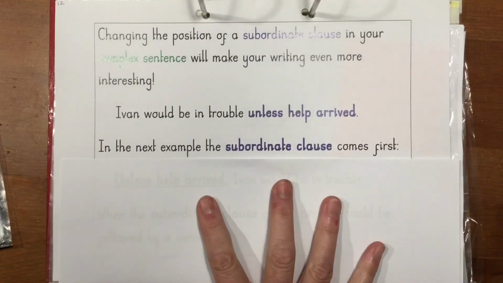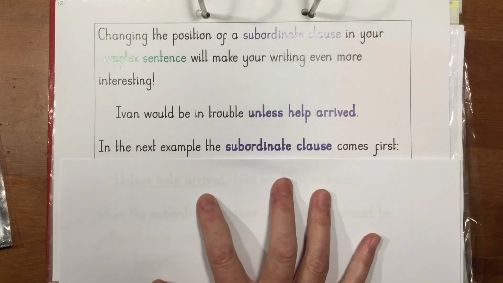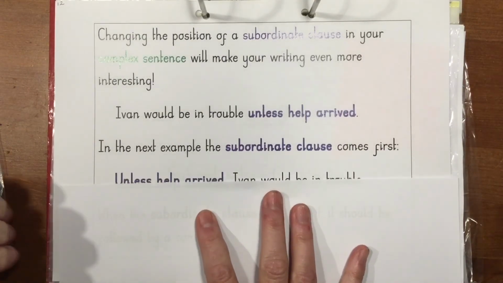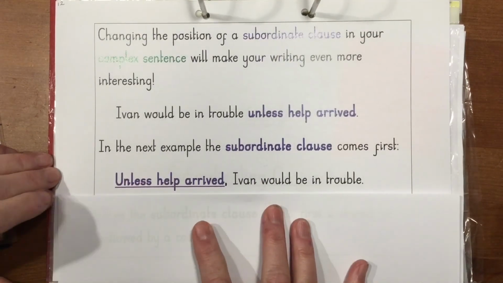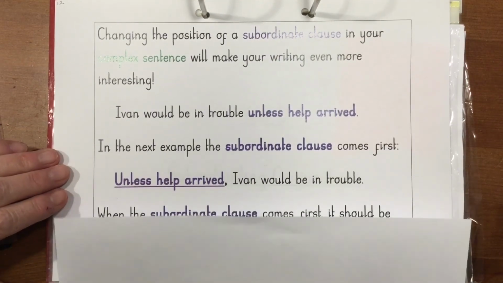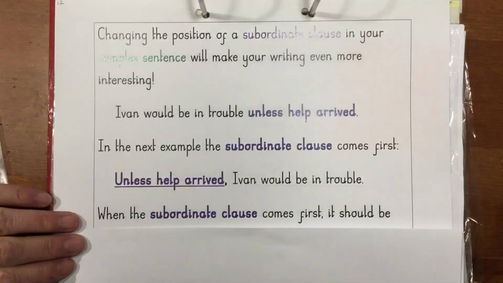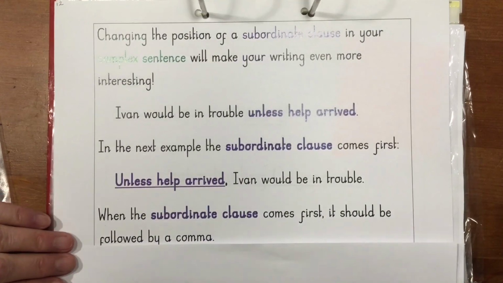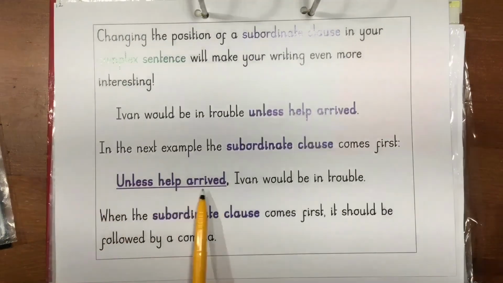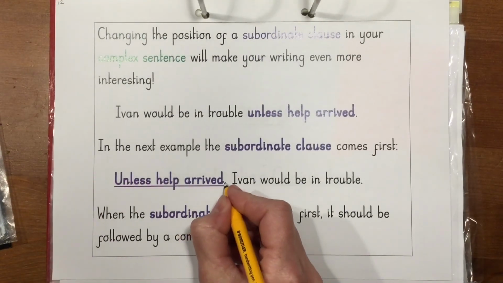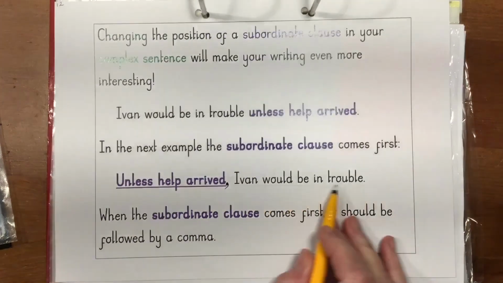In the next example, the subordinate clause comes first. Unless help arrived, Ivan would be in trouble. When the subordinate clause comes first, it should be followed by a comma. Unless help arrived, comma, Ivan would be in trouble.